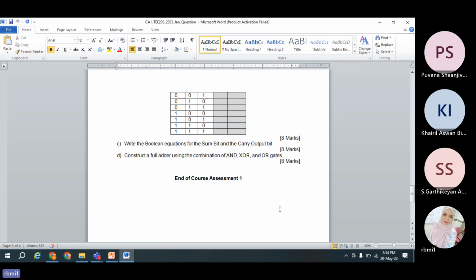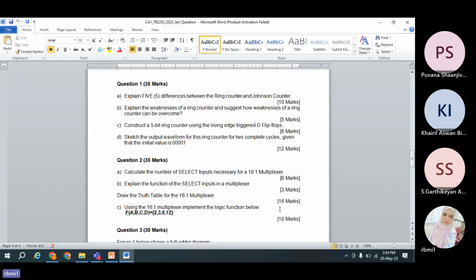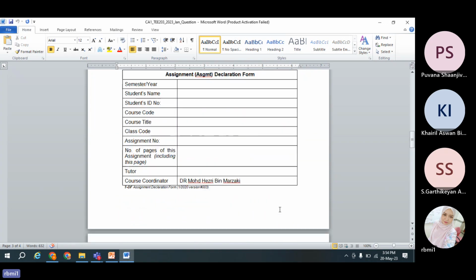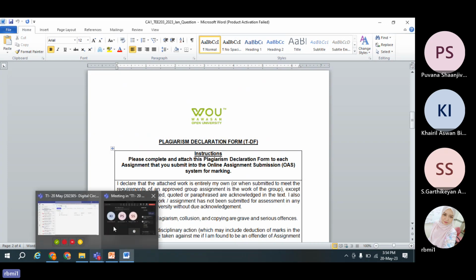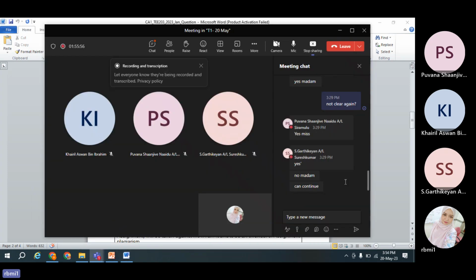So you guys can look back at the notes from digital electronics also. If you guys have any questions, you can WhatsApp anytime.